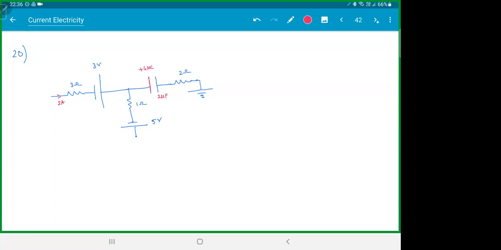This was 2 ampere. This was 1 ampere. Let's say this point is A and this point is B. Find VA and VB. Find the potential at A and B.